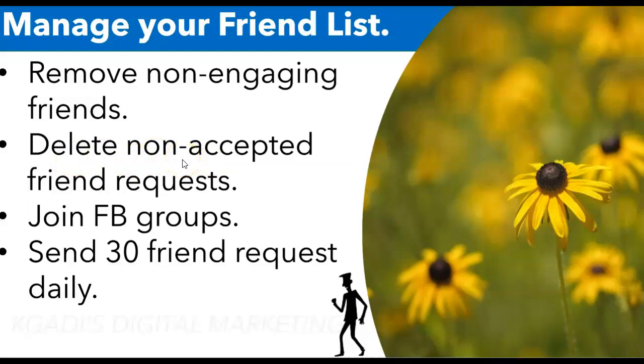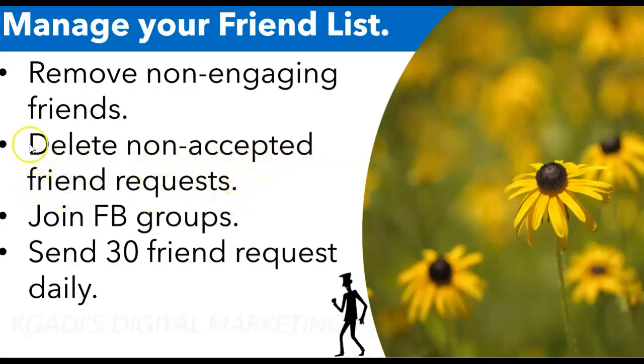People must engage with you. So if you've sent friend requests and 8 days has passed, and they have not even engaged in your post, it will just be a waste, right? So you won't even be gaining momentum from an engagement point of view. So you need to remove them if they have not accepted your friend request within 8 days.